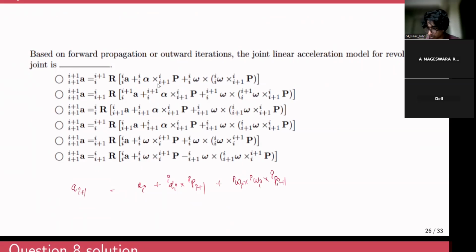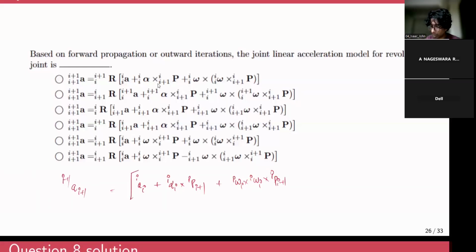And since this is recursive, all the quantities of the ith frame are referred with respect to the ith frame only, right? And this term is also referred with respect to the ith frame. But we want everything referred with respect to the I plus 1 frame, for it to be recursive.